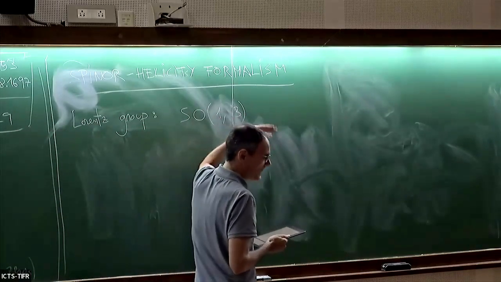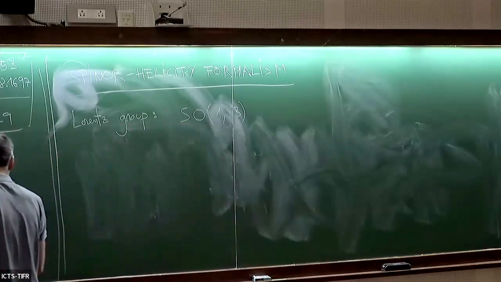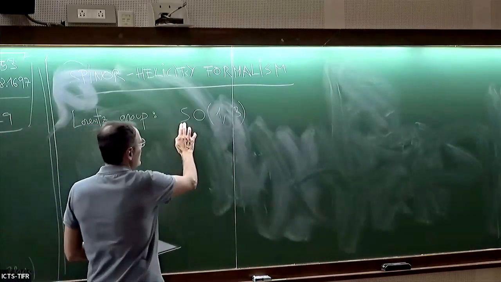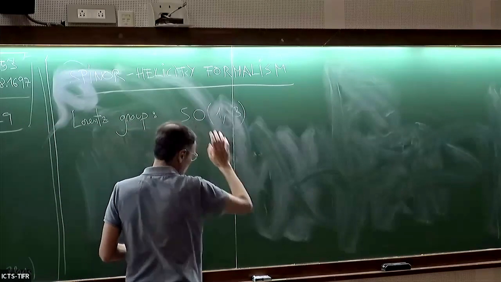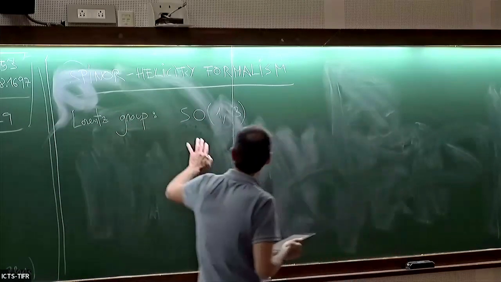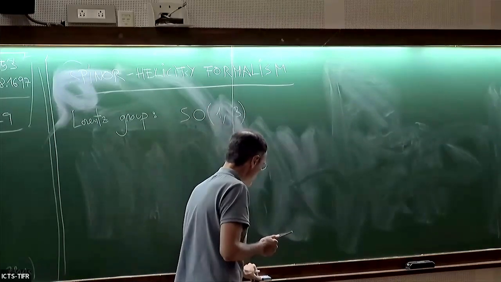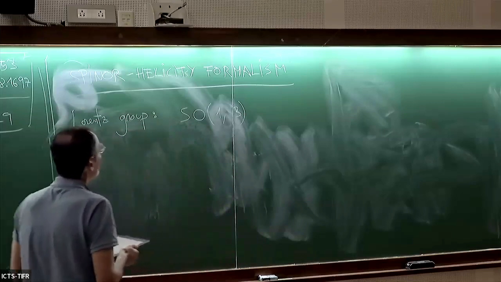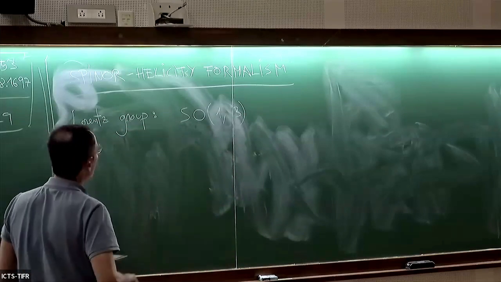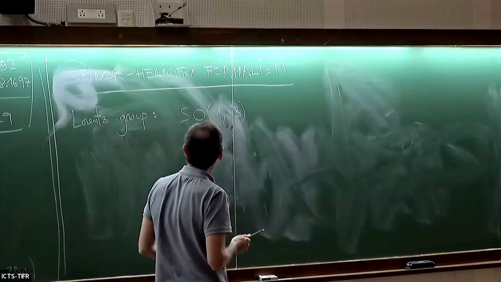Apart from demanding certain extra conditions, like the determinant has to be positive, I could say the group is mostly transformations that leave invariant the norm of the four-momentum. And this is the group SO(1,3).